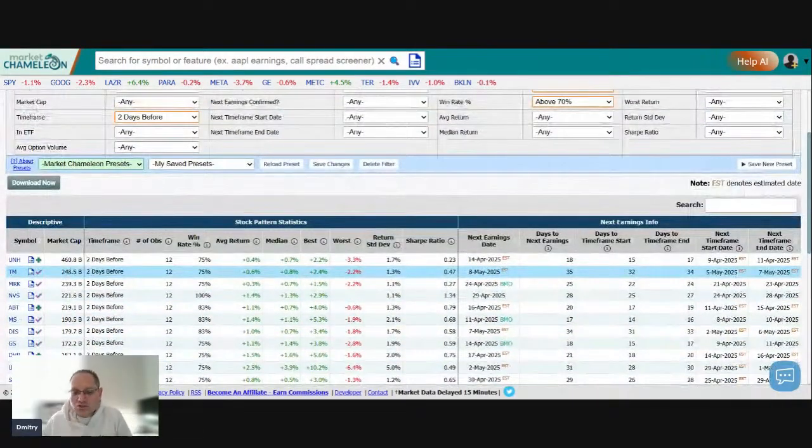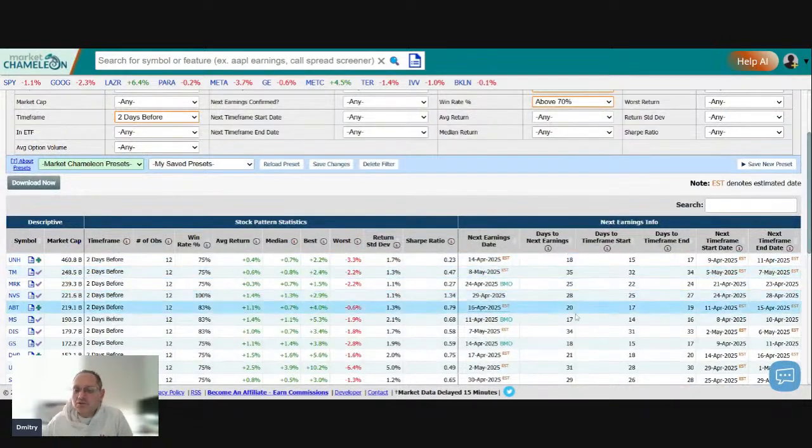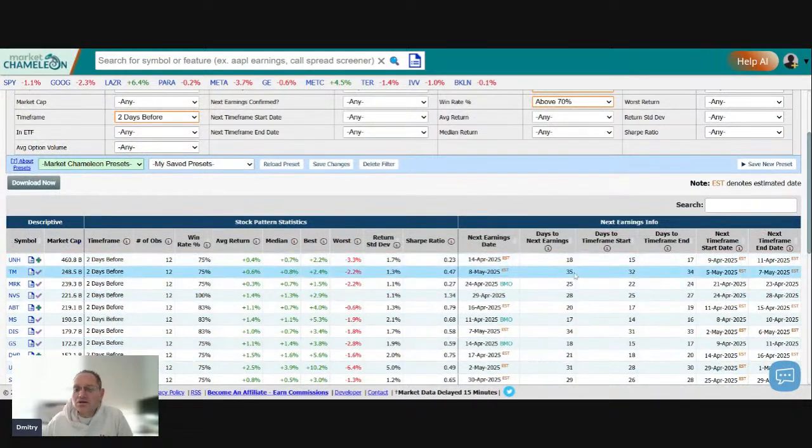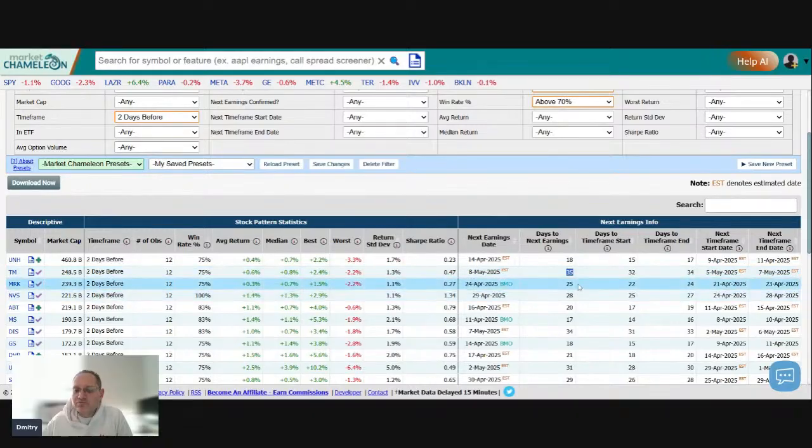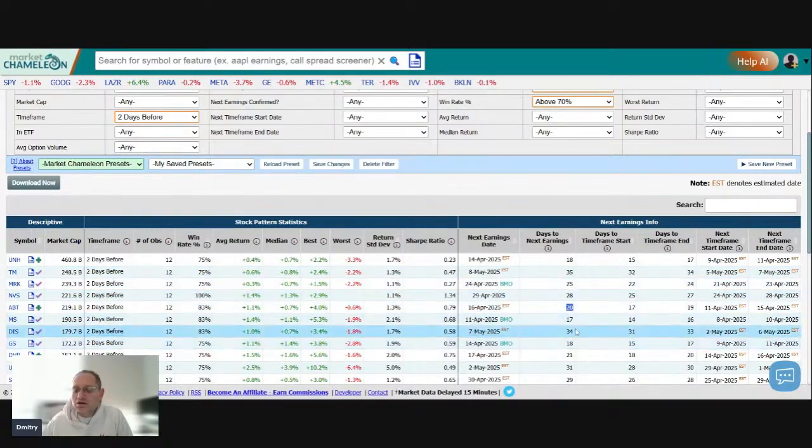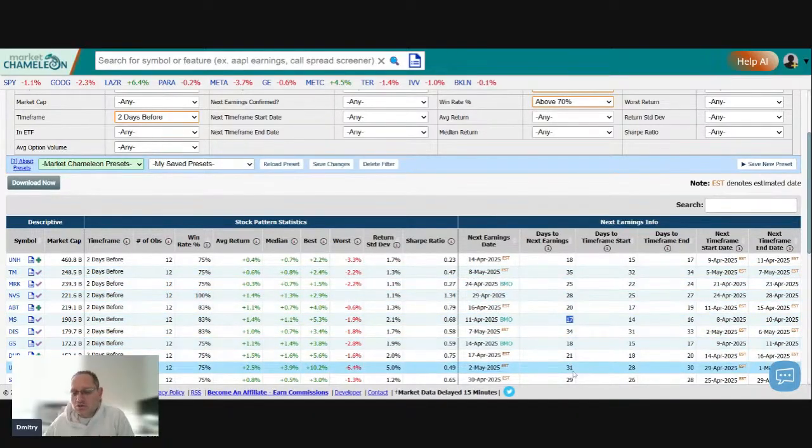And if we wanted to look at the ones that are coming up, we could see how far away those are coming up for a 2-day run up. So we don't know what's going to happen going forward. Obviously, this is looking at a historical tendency, right?